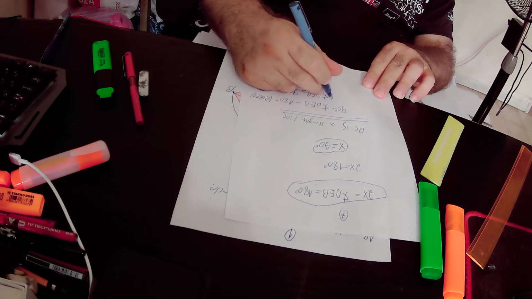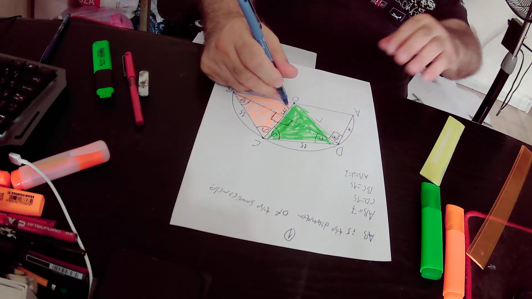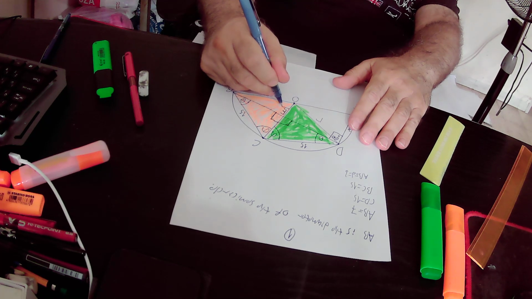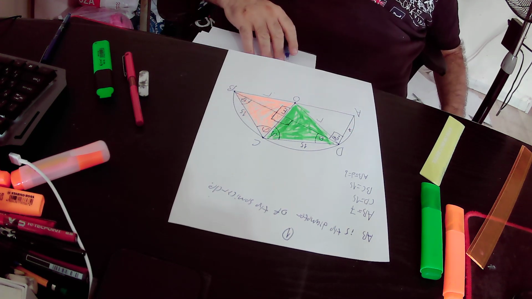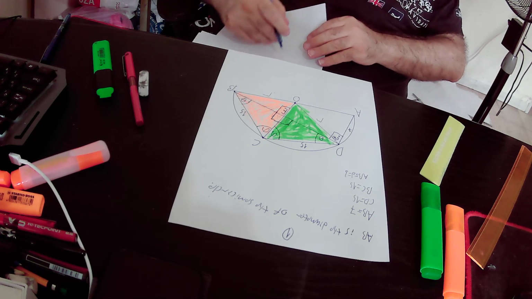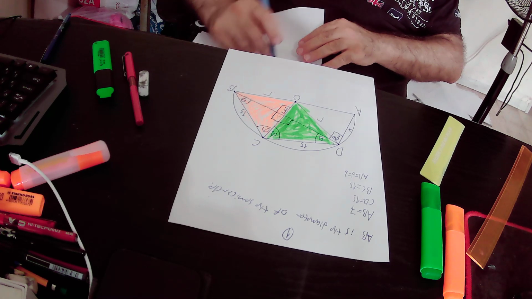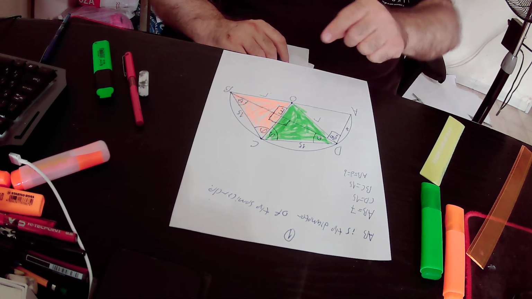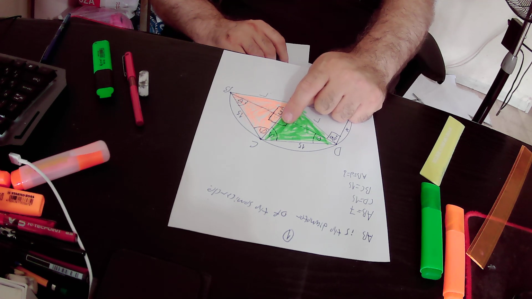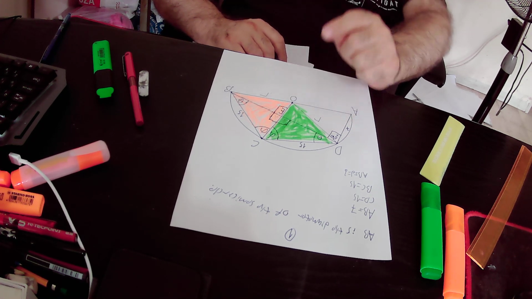Okay, so we found out that this angle is a right angle. That is to say, it equals 90 degrees. So actually, we found out that three angles around point E are right angles. This is the first angle, this is the second angle, and this is the third angle.